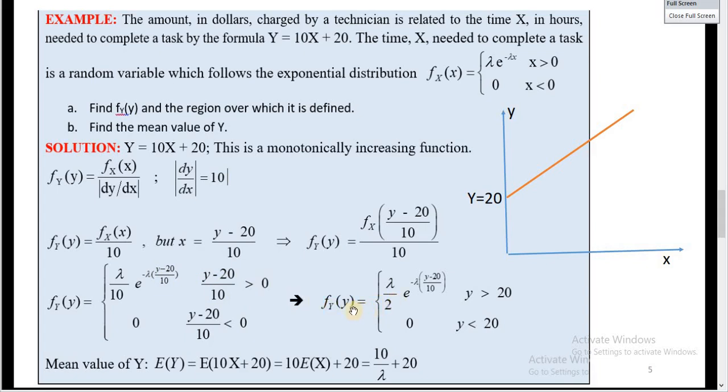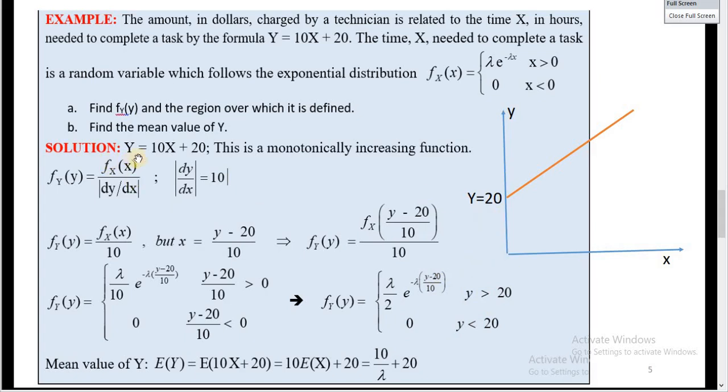So the density function of y equals lambda over 10 e to the minus lambda times y minus 20 over 10. Now it appears as a function of y, for values of y larger than 20, and 0 for y less than 20. So this is how we do the transformation.